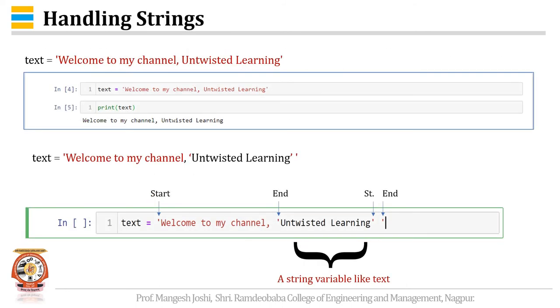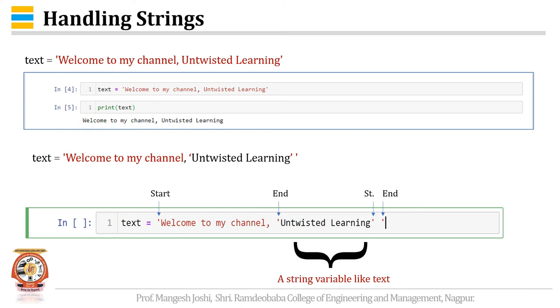Now there are some practical difficulties you may face while writing strings. Let us understand this. Suppose you want to assign the text variable the value welcome to my channel, comma, untwisted learning.